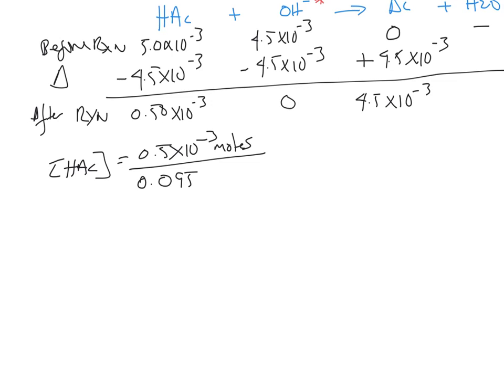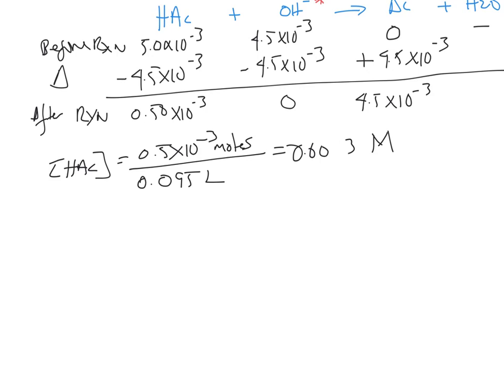Remember, we need to add both volumes, the volume of the acetic acid that was 50, plus the one of sodium hydroxide that was 45. So that's why it's 0.095, and this is liters. Okay, so this is going to be equal to 0.0053 molar.